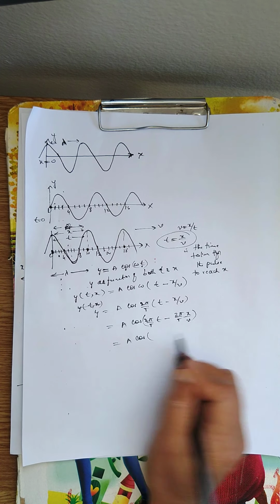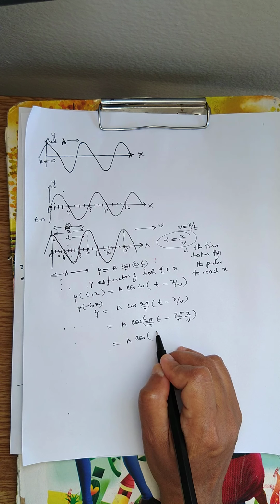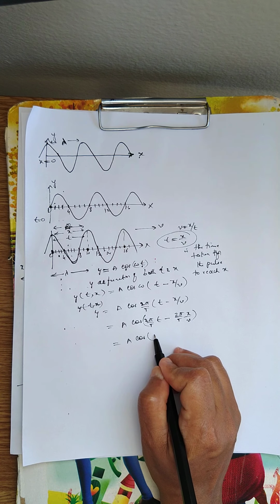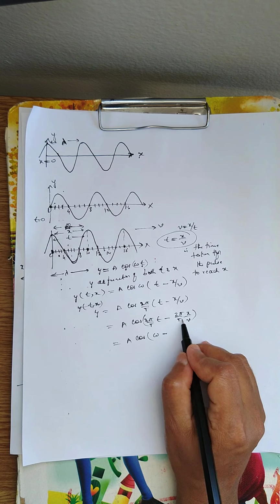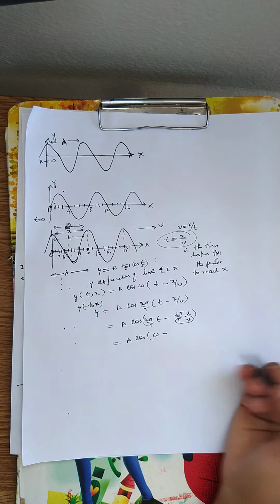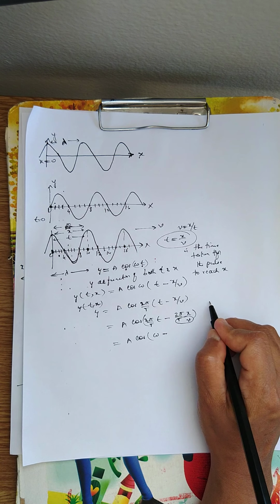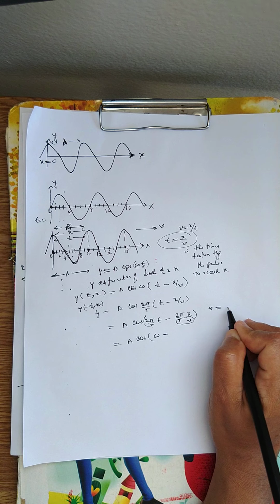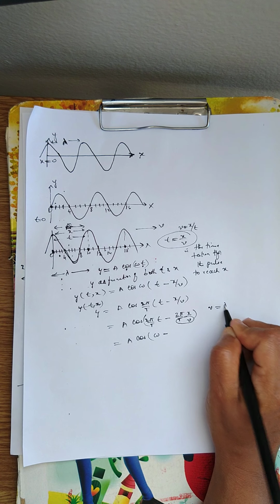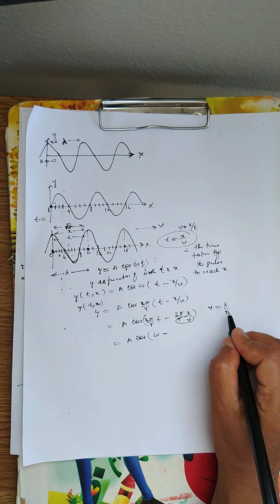Now a cos of 2 pi by T is nothing but omega t minus, what is T into v here? We have just established that relation, velocity v is equal to lambda by T. Correct?